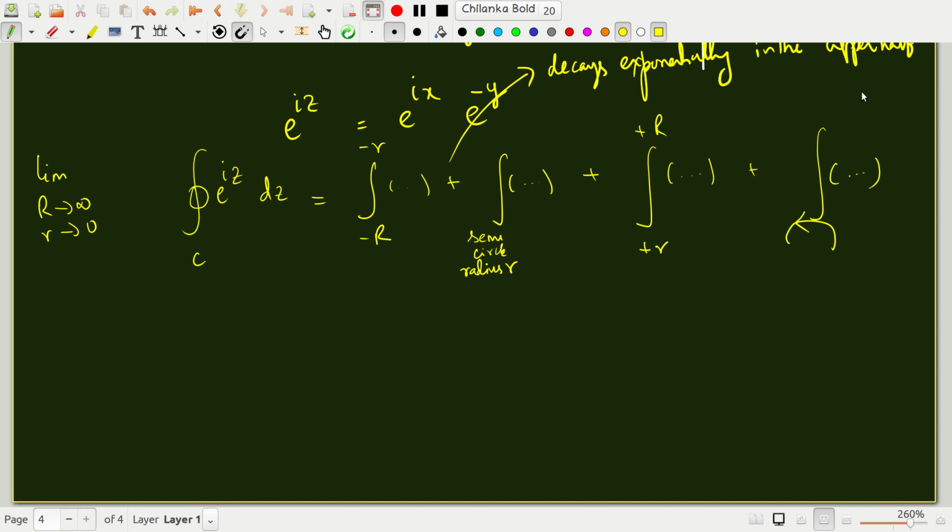But we have just shown that this vanishes because it's exponentially decaying as you take the radius of the semicircle to infinity, right? So this is not relevant to us.